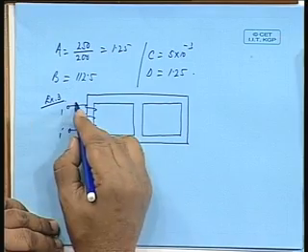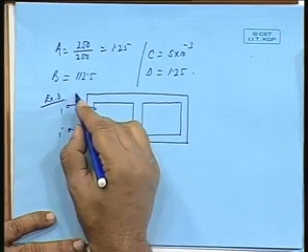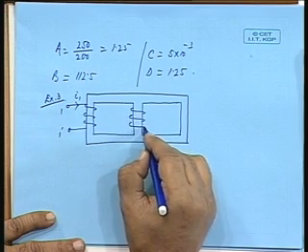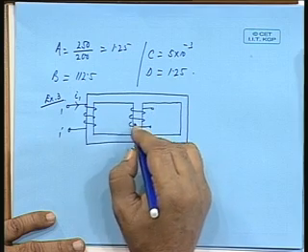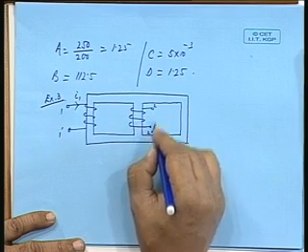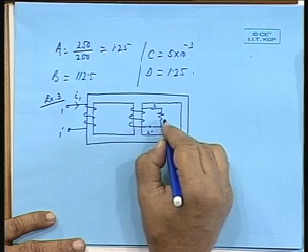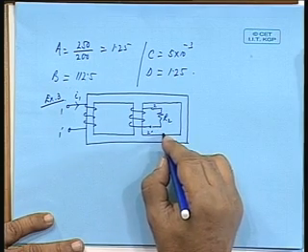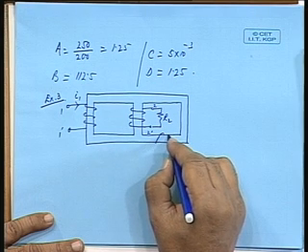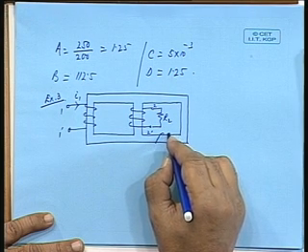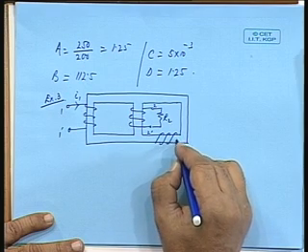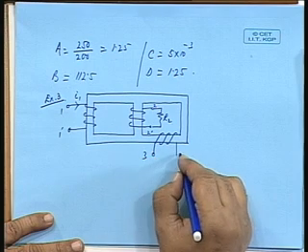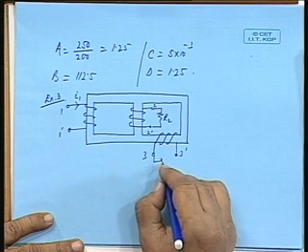At 1 1 dashed, you are sending a current I1. This is 2 2 dashed shorted through a resistance R2, and similarly you have 3 3 dashed, there is a resistance here R3.